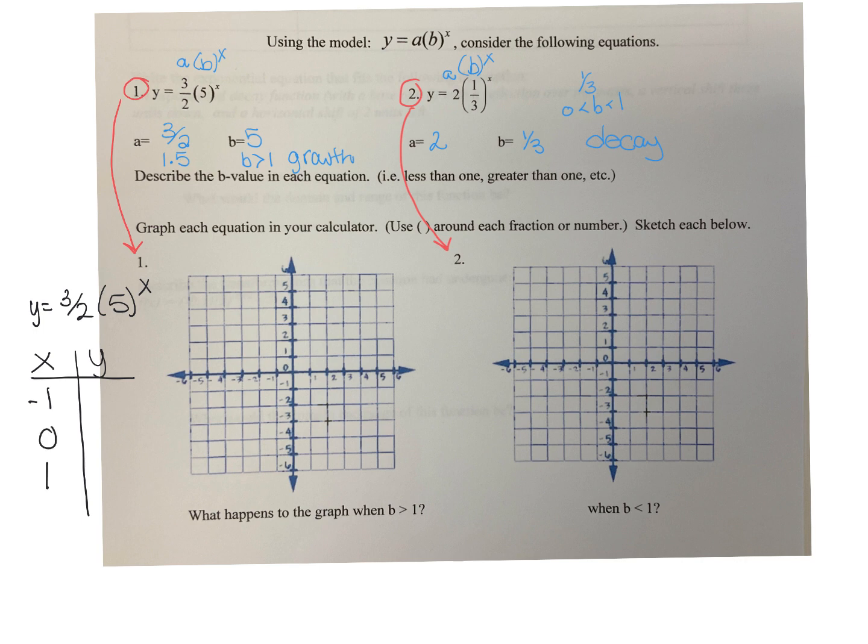So if I do the math for this, if I plug in -1, I get 3/2 times 5 to the negative first. And if you don't remember, if you have a negative exponent, it flips to the bottom. So you have 3/2. It flips it over, so 1/5. And when you multiply fractions, you multiply straight across, so you get 3/10.